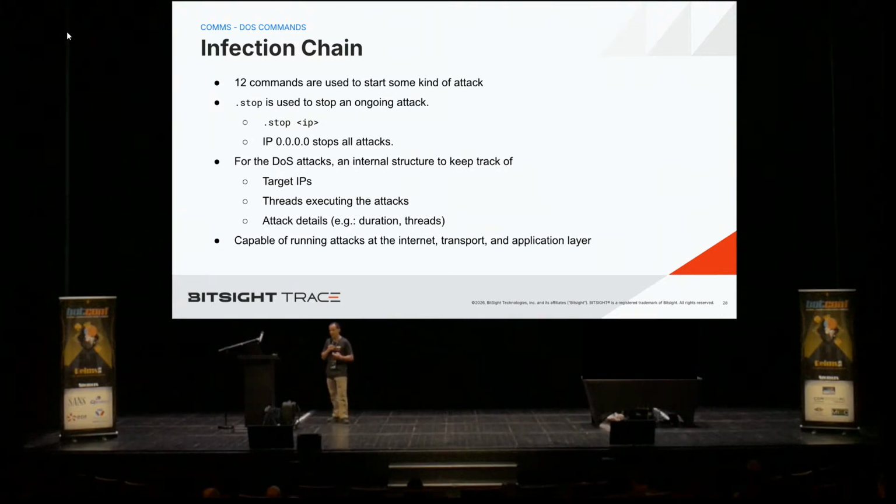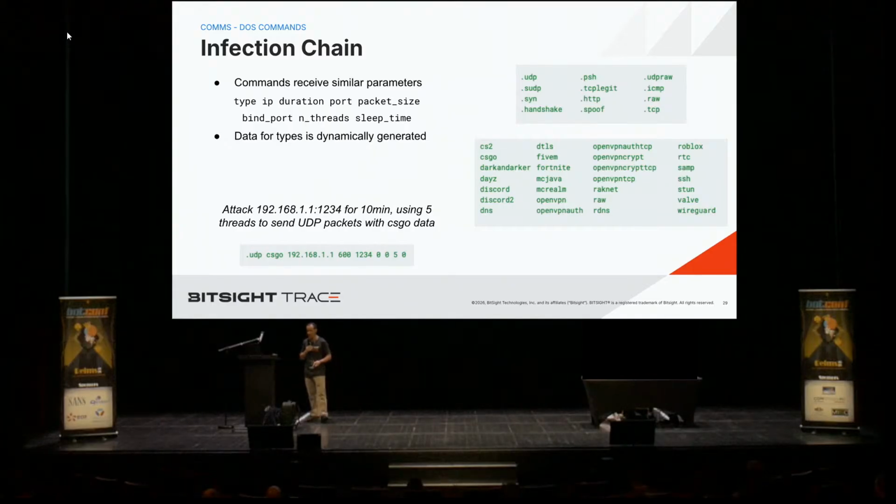The types of commands that they support run at different levels, so at the internet, transport and application layer, and we'll look a little more into this. The commands themselves all receive arguments. They're very similar. The commands are on the top right here, always starting with a dot. For example, we can start with the type argument.